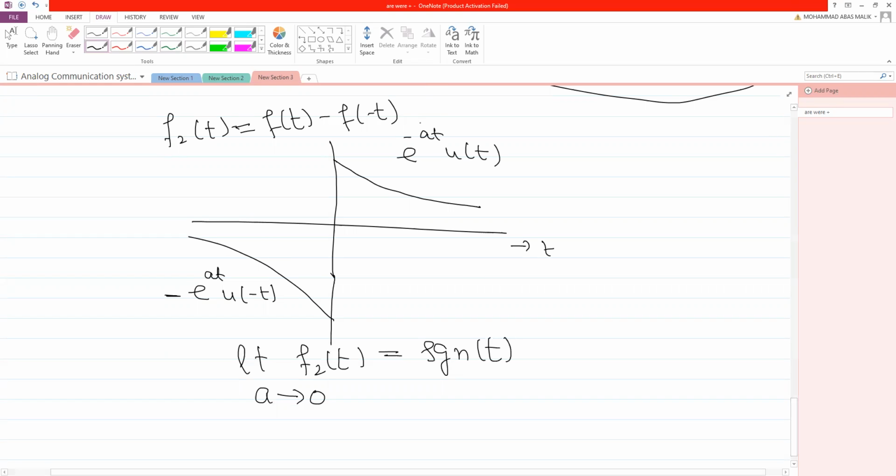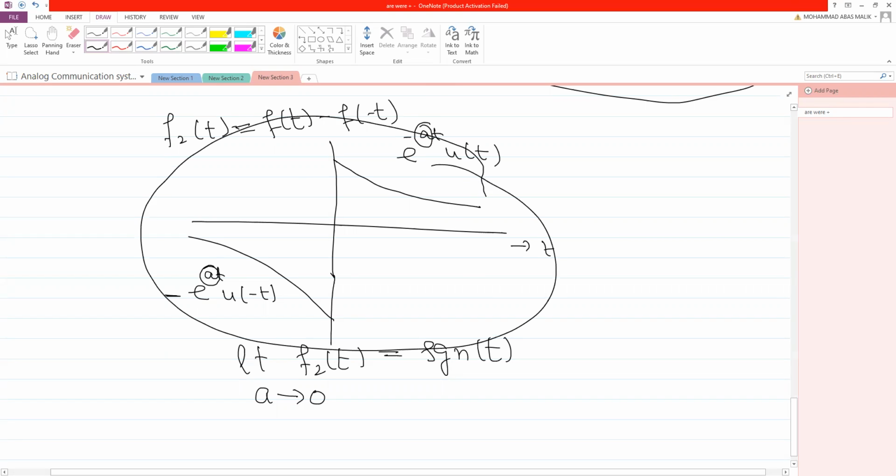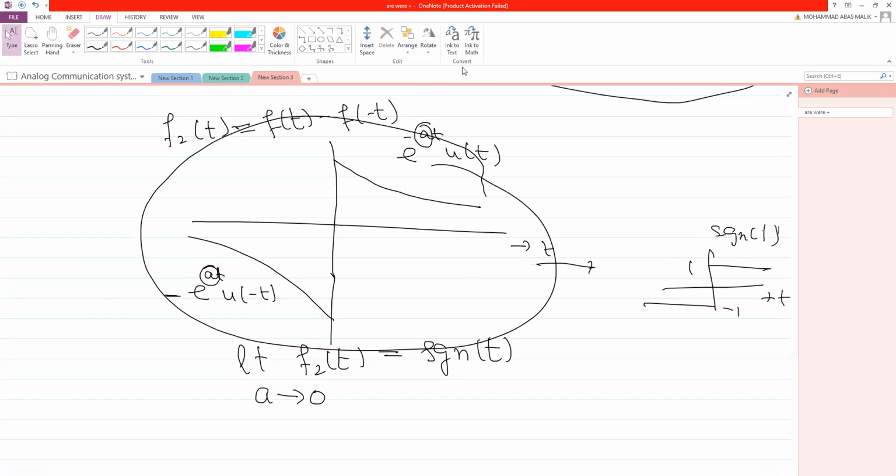I will say if the a value tends towards 0, then this graph will tend towards signum of t, which is minus 1 and 1, right? Yes.